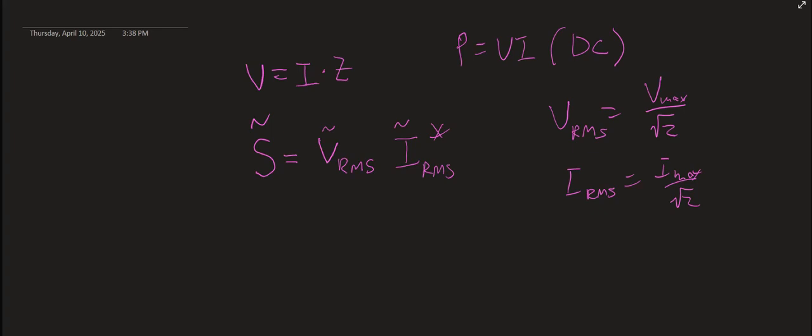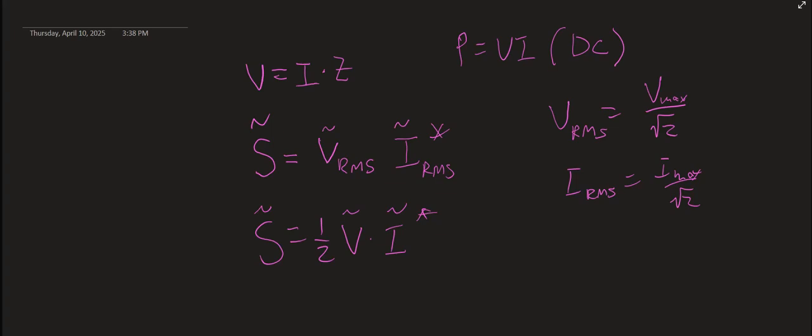And so if I multiplied these two together, I would get that 1/2. So these two things you do need to know: that it's V times I conjugate, and that you have a 1/2 if it's not RMS, and if it's RMS, you don't have a 1/2.